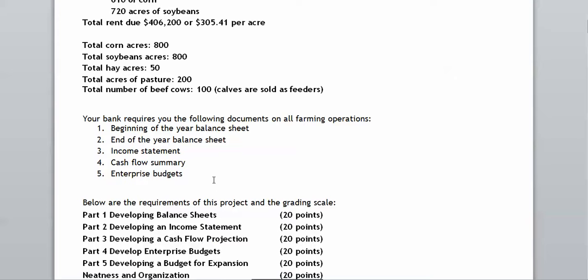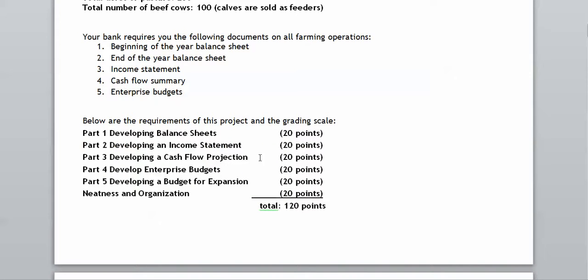So we're going to help this producer complete a beginning of the year balance sheet, an end of the year balance sheet, an income statement, a cash flow summary, and enterprise budgets. The point totals for this project are here. 20 points each for the balance sheet, income statement, cash flow summary, and enterprise budgets.